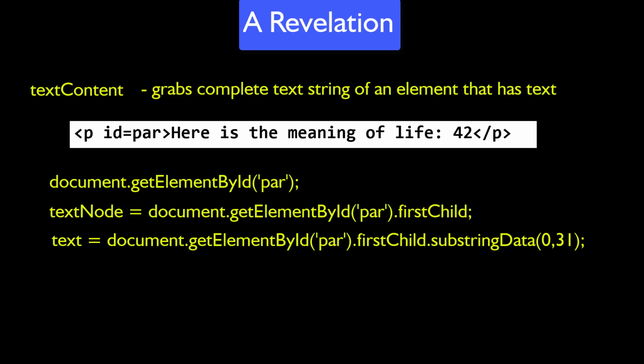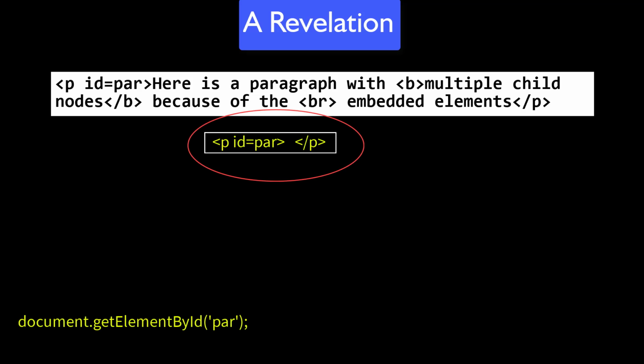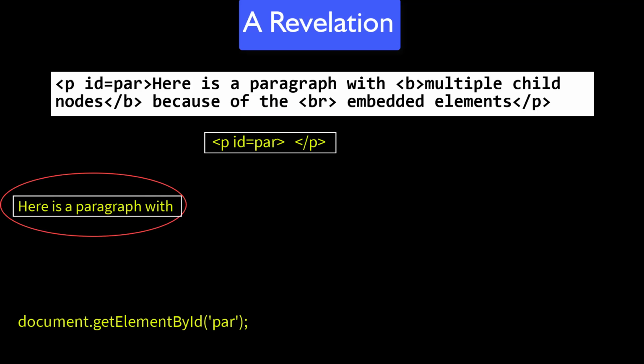But there are many situations that are more complex. For example, consider <p id="par">Here is a paragraph with <b>multiple child nodes</b> because of the <br> embedded elements</p>. In terms of DOM structure, we have the P element, and its first child is the text node containing "Here is a paragraph with".